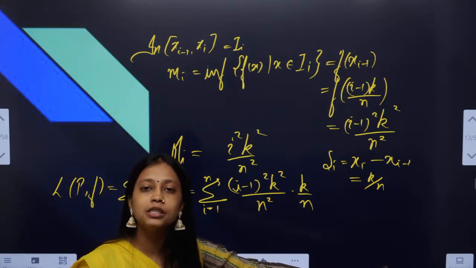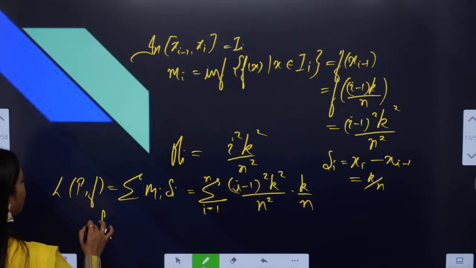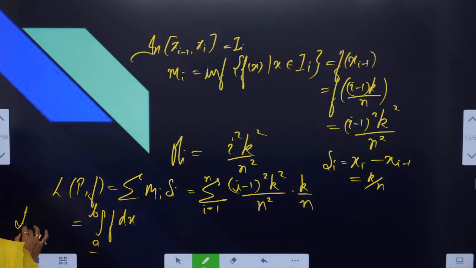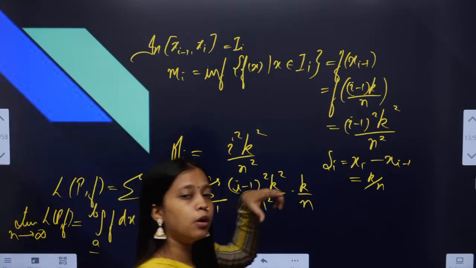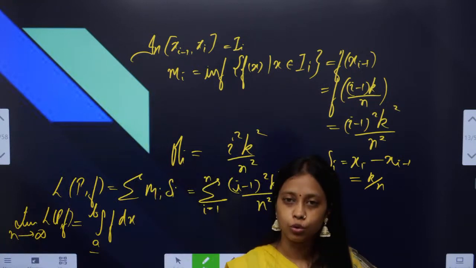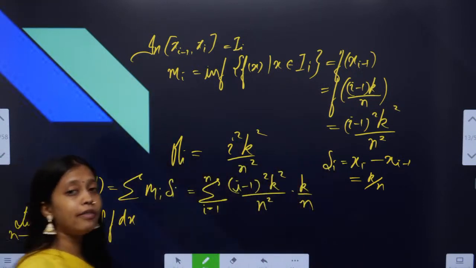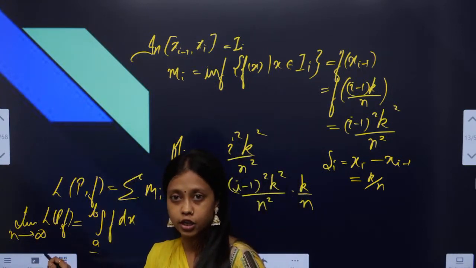You will get n cube in the numerator also and n cube in the denominator also. Take that n cube inside, so that at the end when you are calculating the lower Riemann integral, this is nothing but the limit as n tends to infinity in your LPF. Or, because I have written in terms of P, you can also write norm of P going to 0, and norm of P going to 0 is the same as n tends to infinity, right.